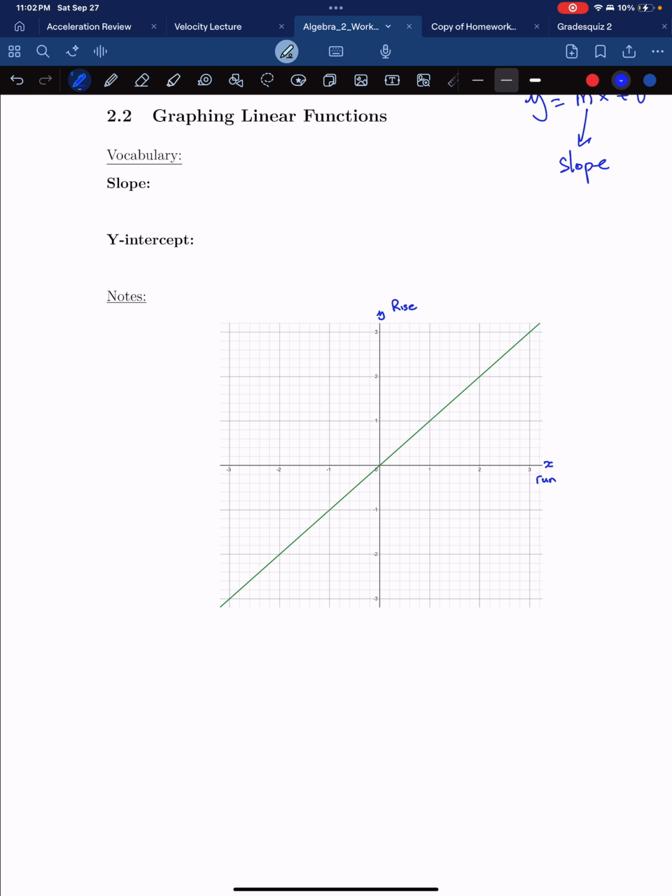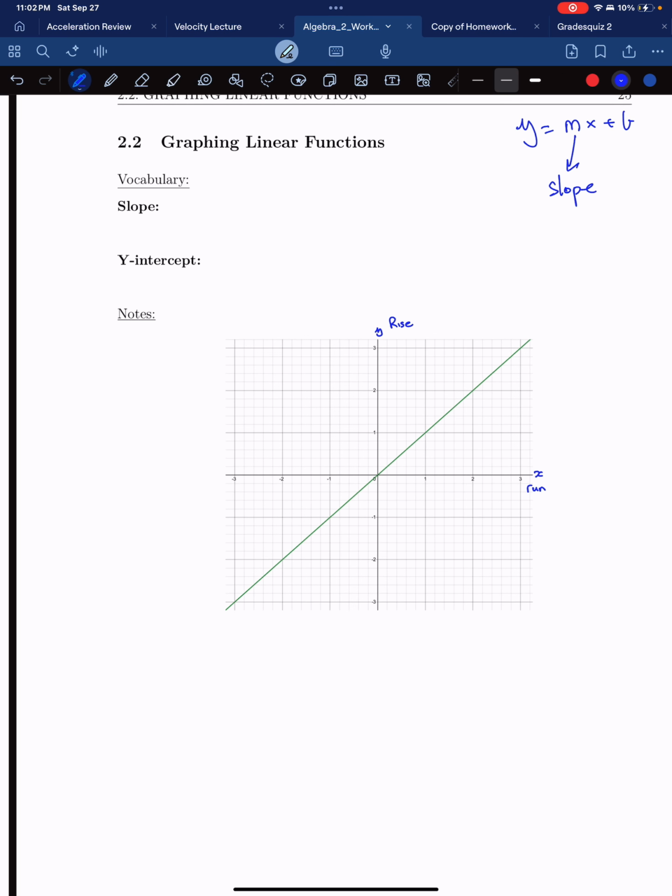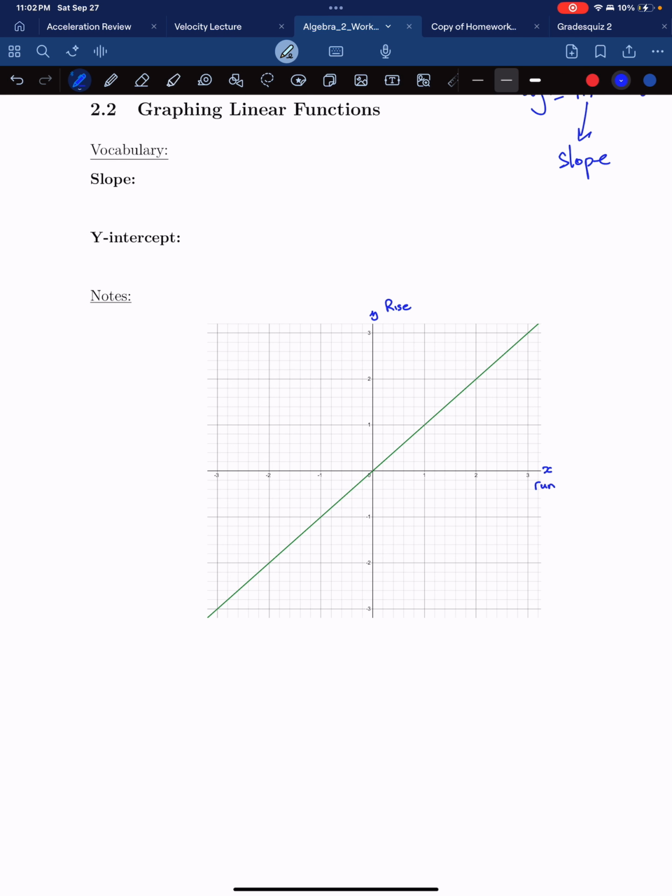I'm first going to give you the formula. m, our slope, is equal to y2 minus y1 over x2 minus x1. That's x1, not xi. So what does this tell you?